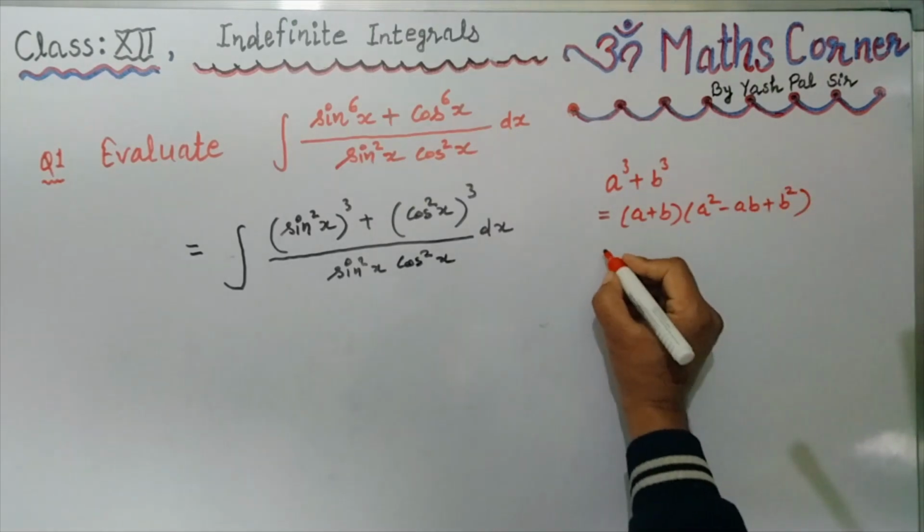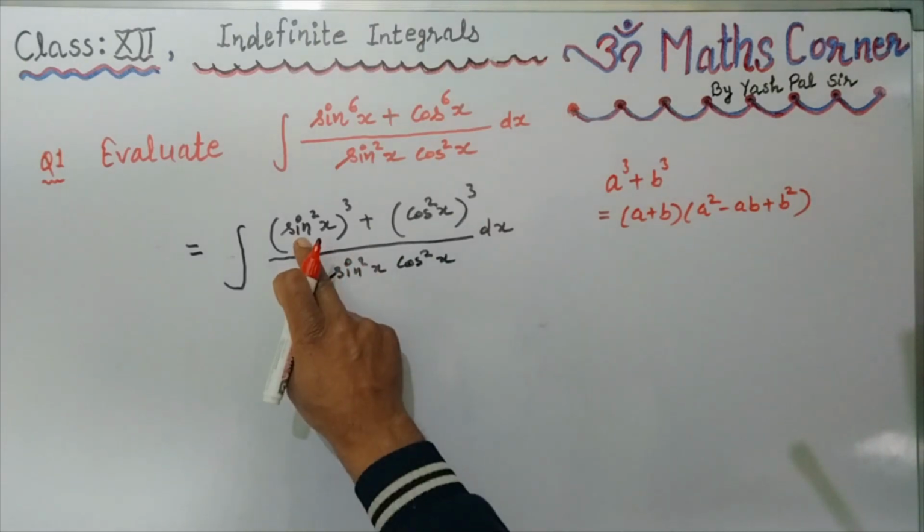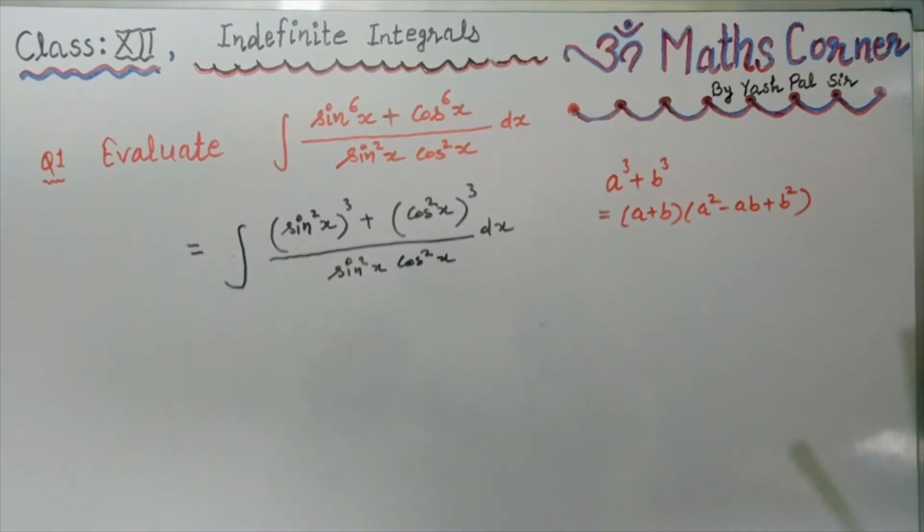Here we take a equal to sin^2 x and b equal to cos^2 x.